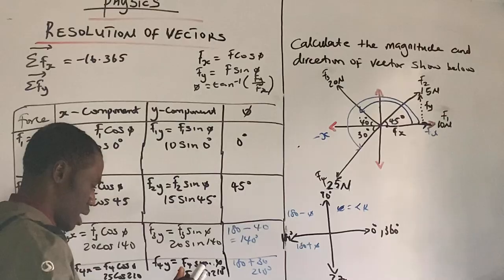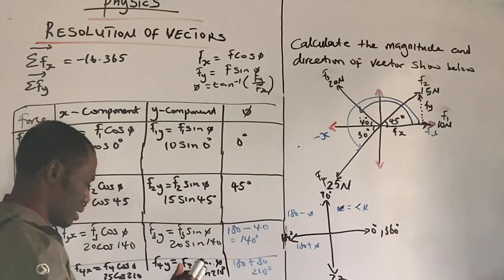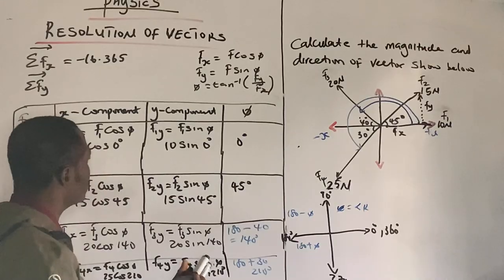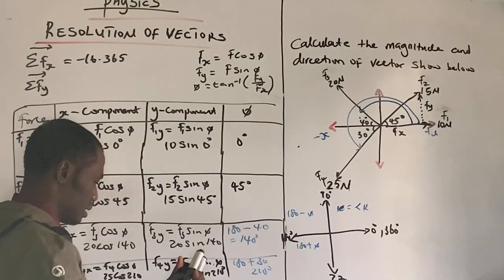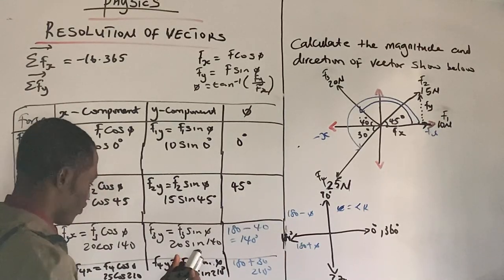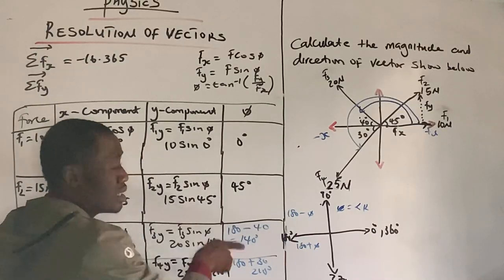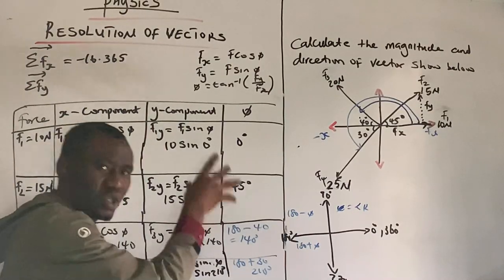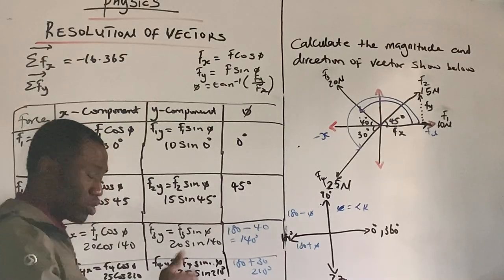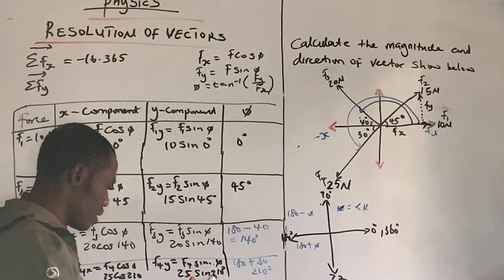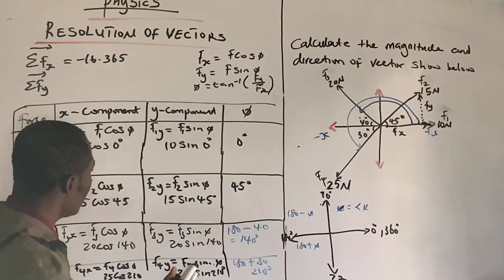10 sine 0 plus 15 sine 45. Make sure that your calculator is in degree mode. You can actually be getting the answer and then after everything you add it up, but there's no time for that now. You can confirm it with your calculator there at home. Now 45 degrees, plus I'm having the next one.